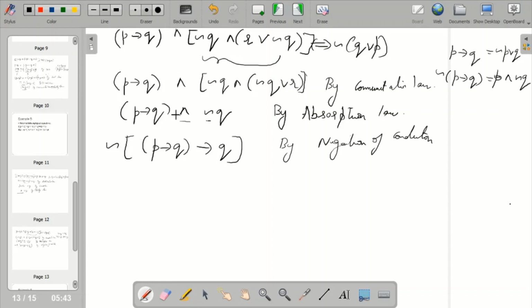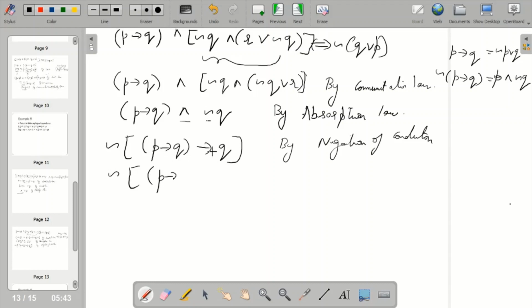Now further, how can I solve this particular problem? Can I apply De Morgan's law here? Negation is needed for us, so we'll just solve this particular section, that is, just the conditional. This negation let it be, don't worry, because we need it.